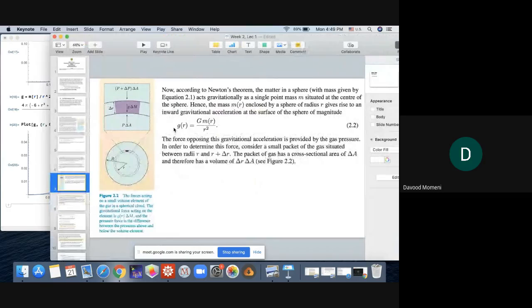So if they ask you to find the gravitational acceleration between two layers in any planet, this equation gives it to you. Any question?